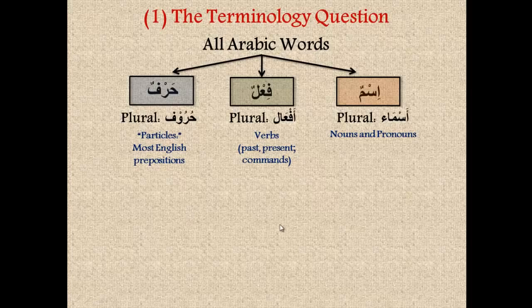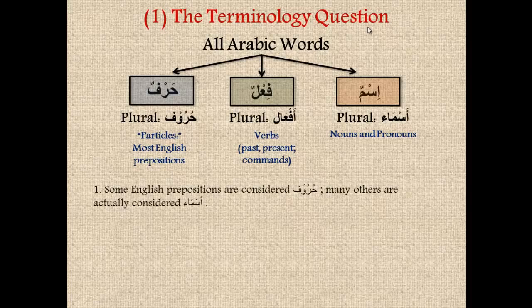At this point, I want to modify this diagram for you a little bit, and that's because I've made a few small quote-unquote mistakes in lesson number 1. And I want to tell you why I made these mistakes, because this ties in directly with the terminology question, the topic at hand. So number 1, I told you that most English prepositions fall under the category of huruf. In reality, most English prepositions actually go here.